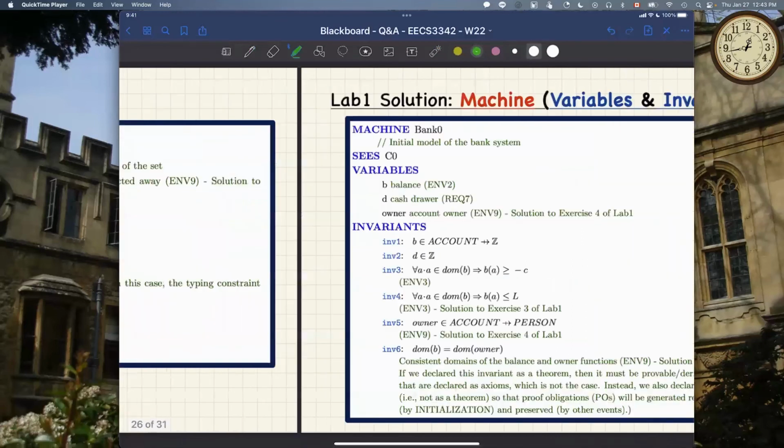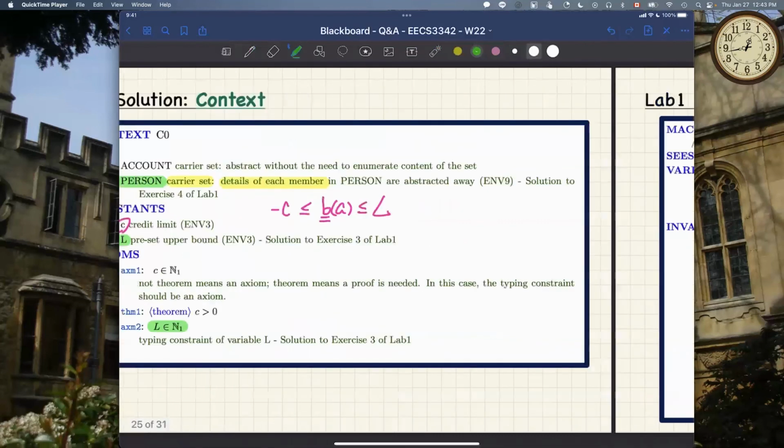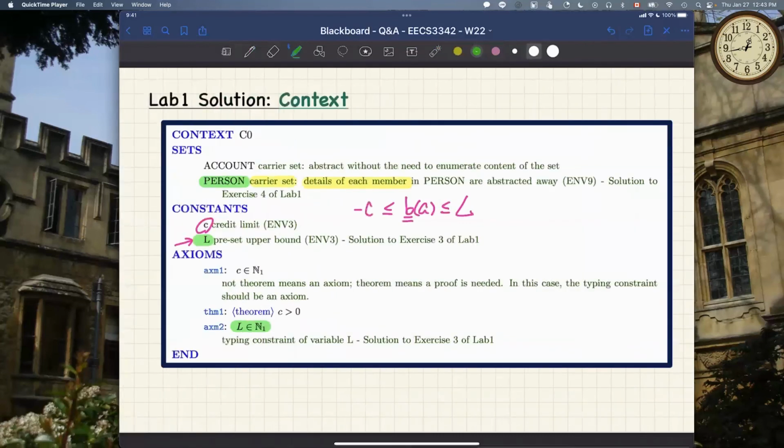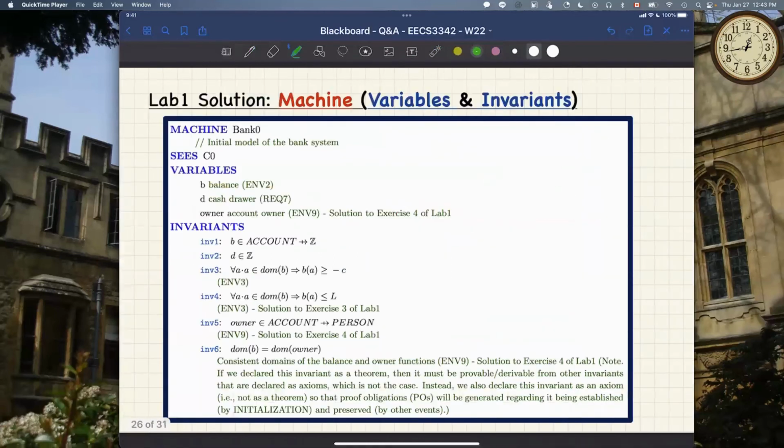Okay, let's now go on to the variables, the machine. So here, this is only about the context, which is pretty straightforward to see the new bits. And what about the machine? So this is new, owner. If you look at the environment requirements number 9, that talks about the owner for the bank. That's new.